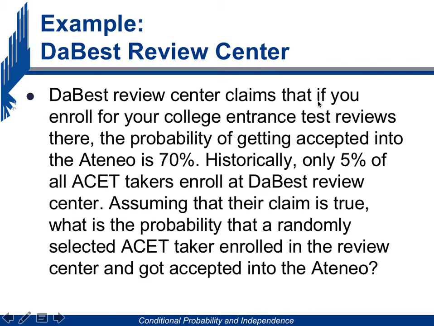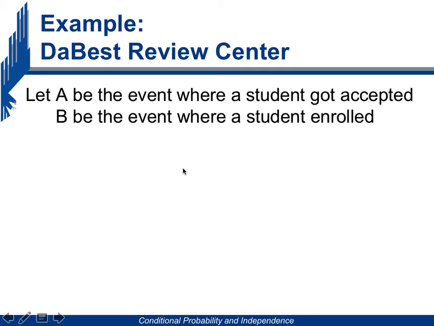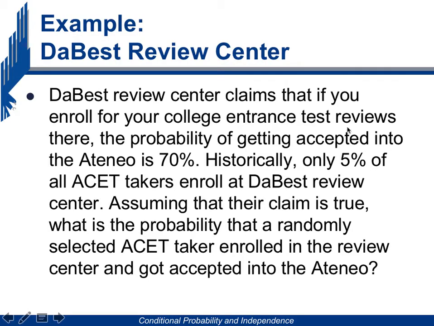Because of the word "if", it signifies that this probability is a conditional probability, and given this representation, 70% is P of A given B. Or again, the probability that the student got accepted given that the same student enrolled in the Best Review Center. And again, that's 70%.